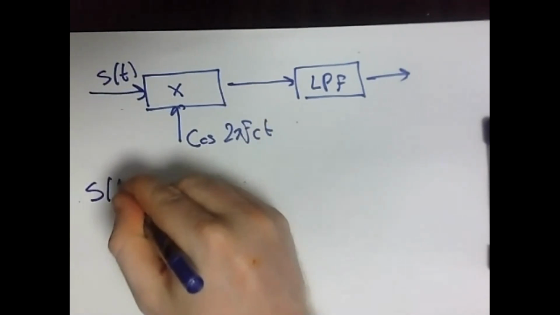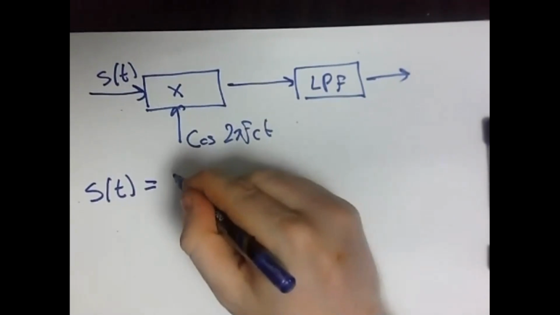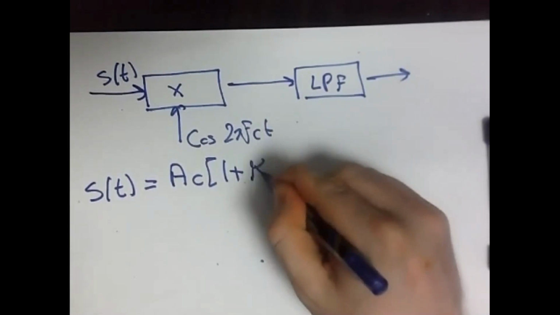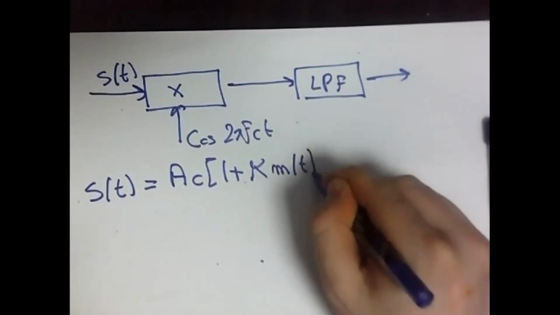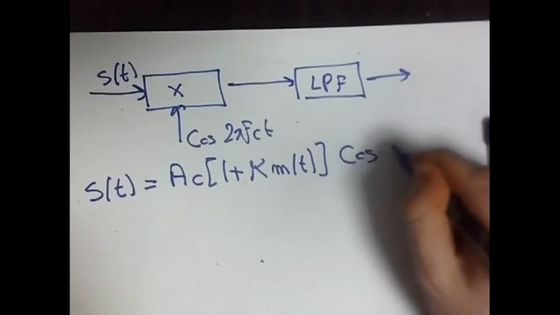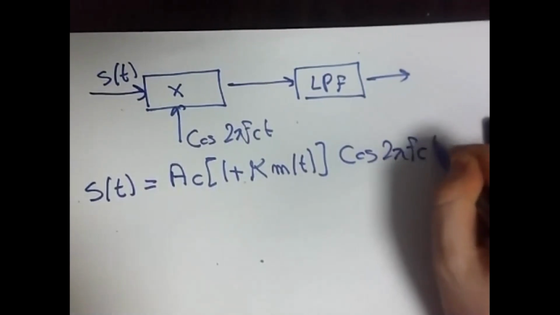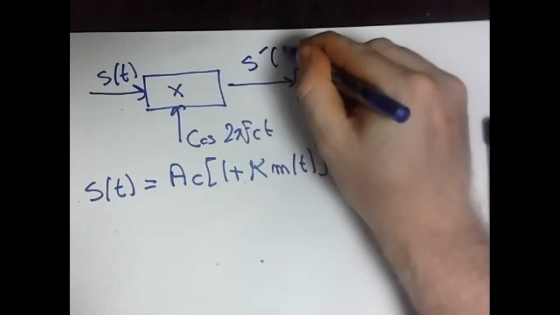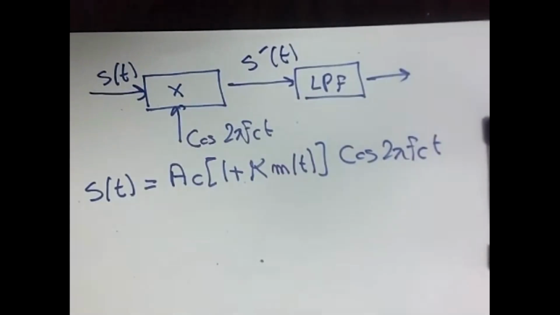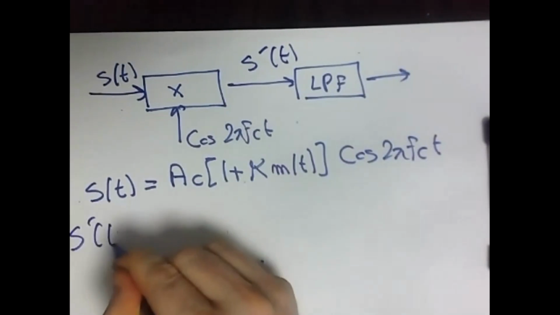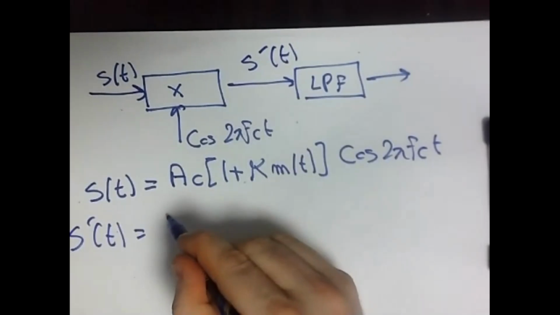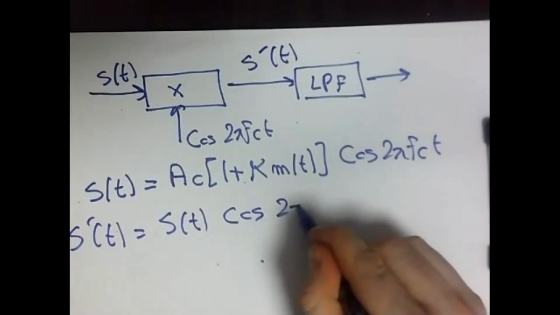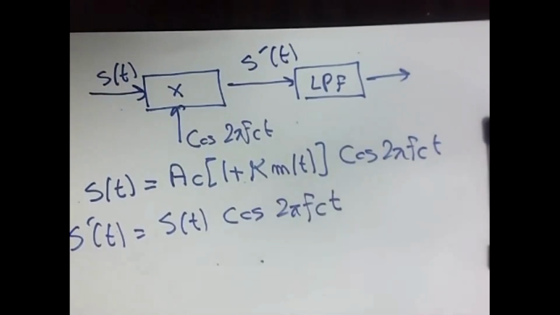Now, S of t is Ac times 1 plus k m of t times cosine 2 pi fc t. Let's call this S dash of t after the mixer. So simply S dash of t is just the same S of t multiplied by another cosine 2 pi fc t.